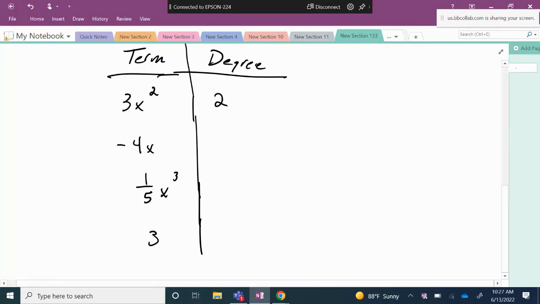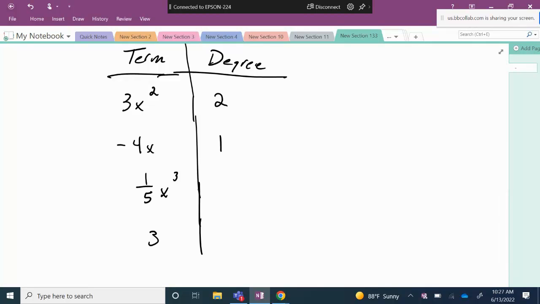Or it's a second degree term when you hear me say that. If we look at the next term, negative 4x, keep in mind that the definition of a degree is the value of the exponent on the variable. So in negative 4x, my variable is x. X is understood to be raised to the first power. So the degree for that term is 1. Right? That's a first degree term.